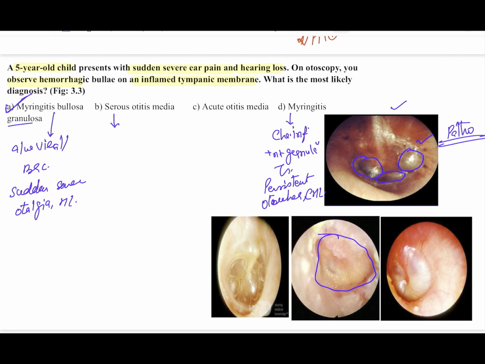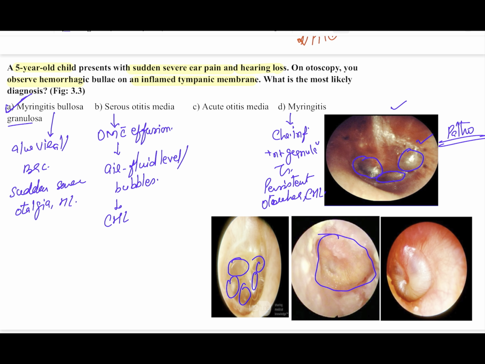Next, why not serous otitis media? Serous otitis media is also called otitis media with effusion, meaning there is fluid present in the middle ear space, which will lead to a dull retracted tympanic membrane, and inside that you will see bubbles or air fluid levels on otoscopy.